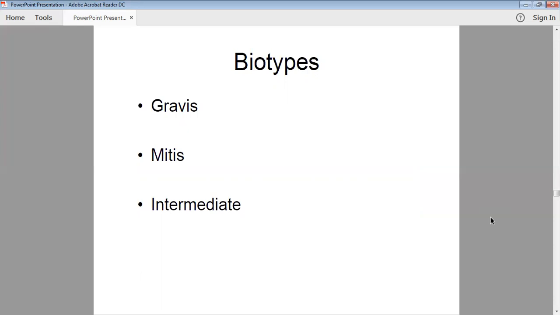The strain with mild complications, not severe, is known as mitis. And those in between, not gravis and not mitis, are intermediate. All three produce the toxin. But for toxoid, the Park-Williams 8 strain is used to prepare the toxoid, and it is produced by the mitis strain and not by the gravis strain.